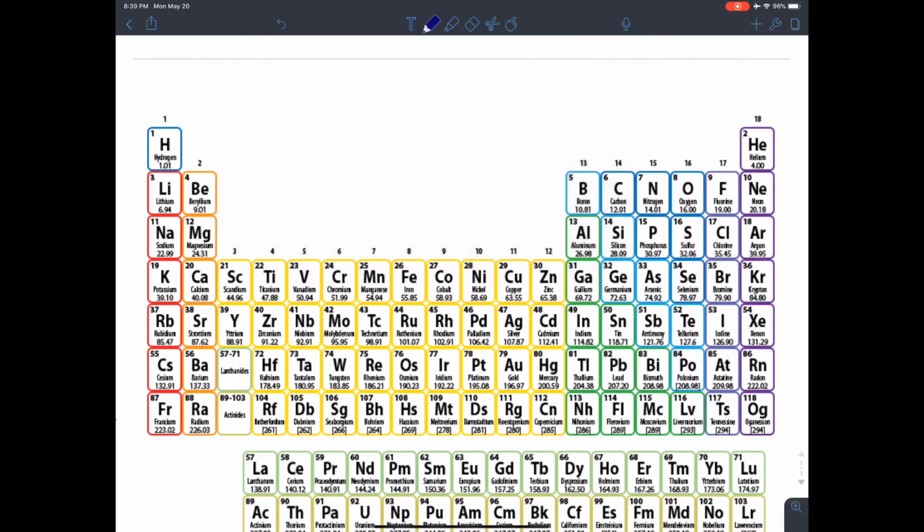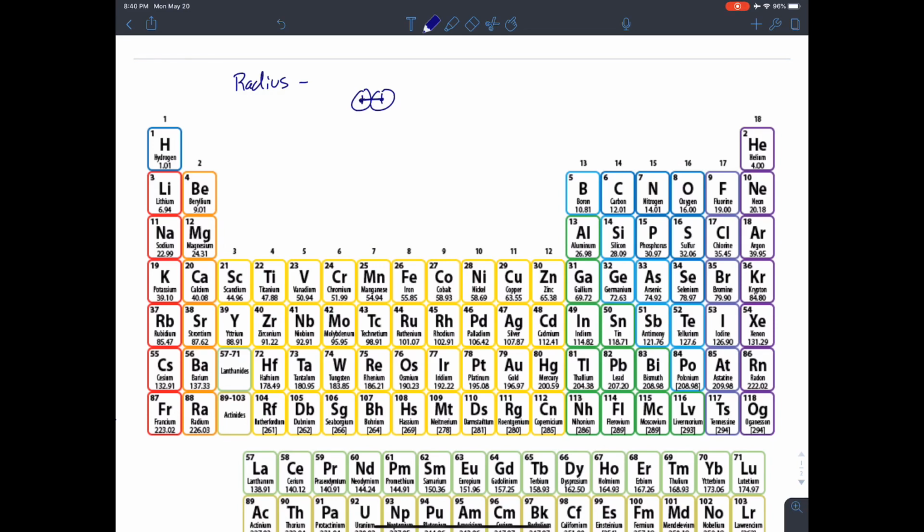So first of all, we have atomic radius. Technically it's one half the distance between the nuclei of two atoms when they're bonded together. So if you had two atoms, two nuclei, it would be one half of this distance between the two.